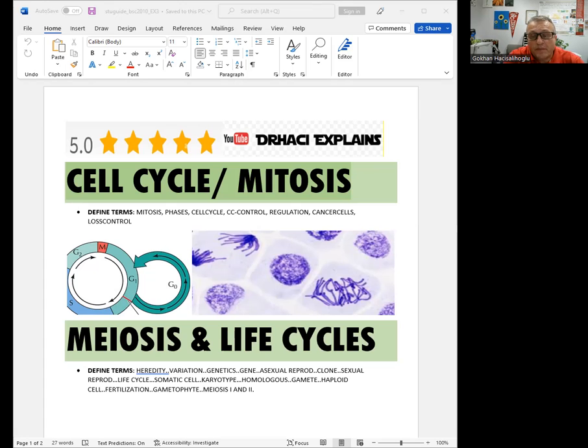The cell cycle comprises both mitosis and meiosis, but the cell cycle and mitosis are the first part. It should always start with vocabulary, like any other chapter. So make sure that you get down all the vocabulary and know the basics before you look at the whole model and then do more deep reading from your book in chapter 10.